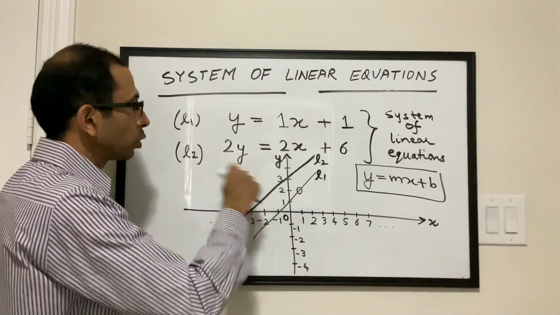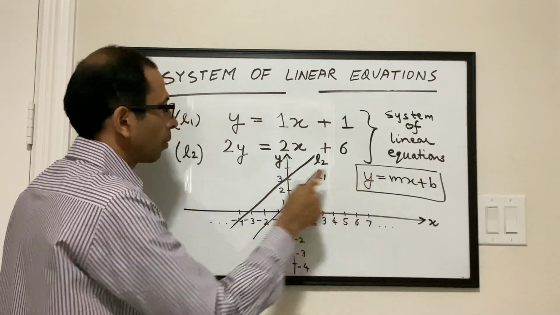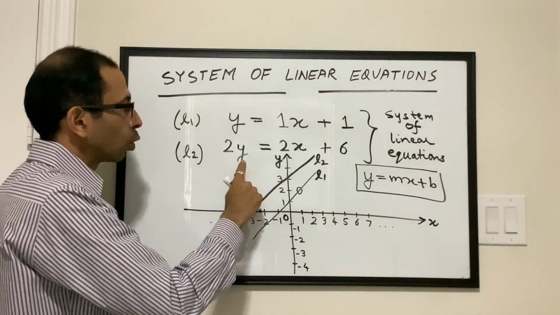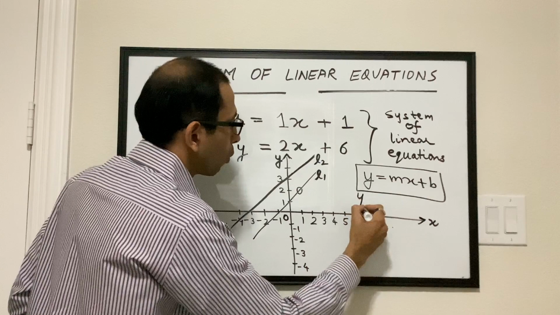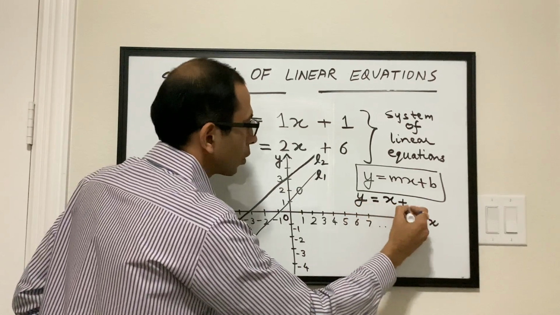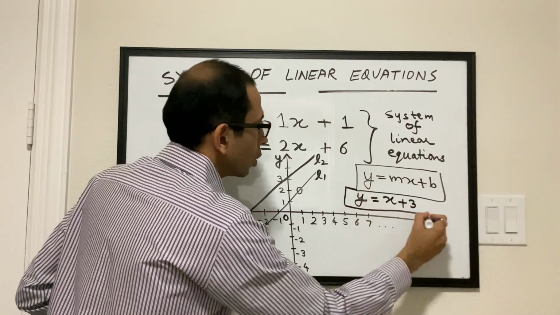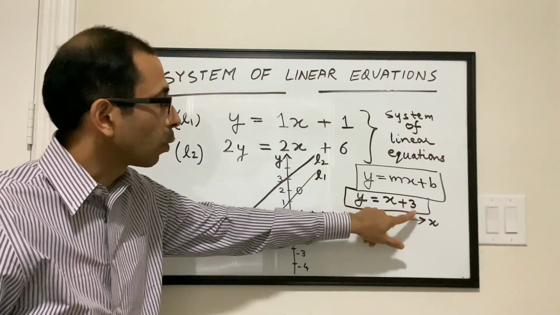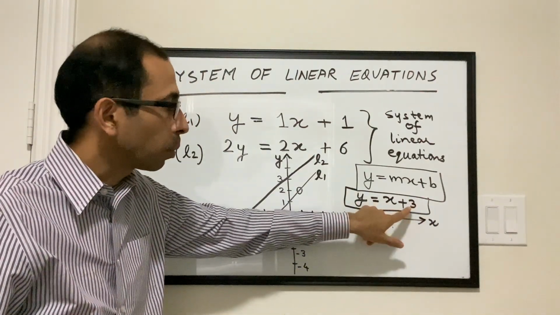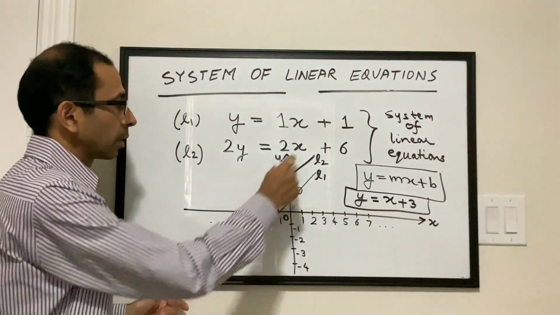Hence, we have to divide the second equation by 2 on both sides, which gives us y equals x plus 3. So this is our second line. The slope of the second line is 1 and the y-intercept is 3. And when we plot this line, it looks like this.